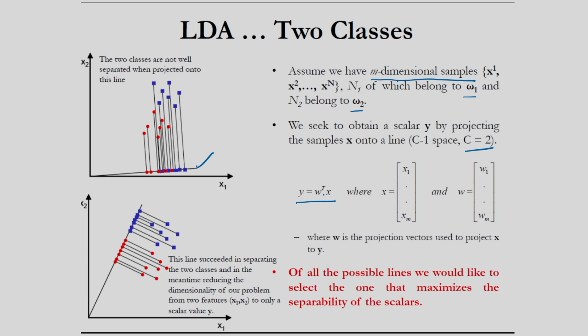But in the second figure, with a different projection direction, you can see I am getting separation between the samples of the two classes. So the second projection direction is better as compared to the first. I have to find which one is the best projection direction, and that is the objective of the LDA.